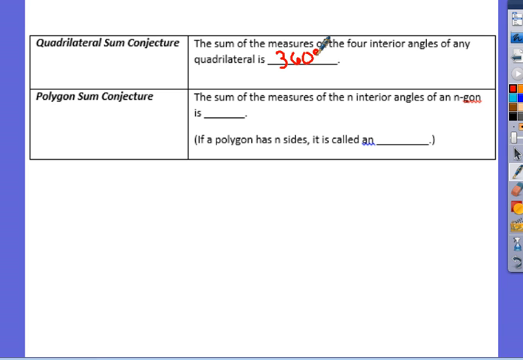The polygon sum conjecture says the sum of the measures of the n interior angles of an n-gon, and an n-gon just means any polygon, a 5-sided figure, a 6-sided figure, a 7-sided figure, is 180 times n minus 2.